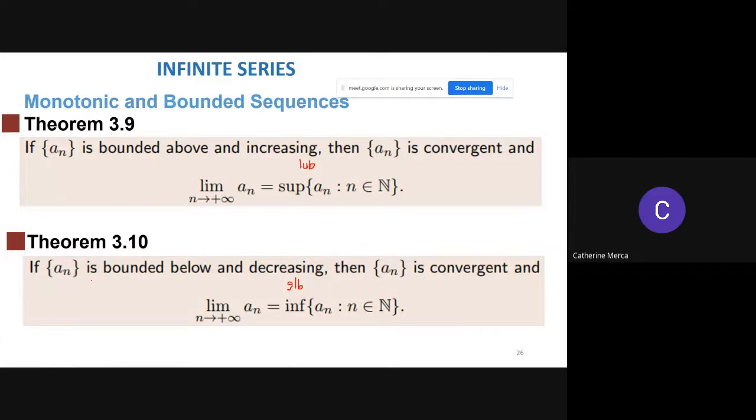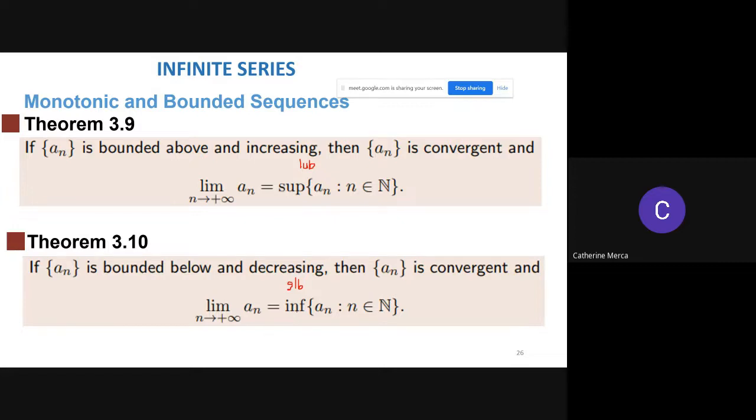So, theorem 3.9. If A sub n is bounded above and increasing, then A sub n is convergent. So, ang supremum, ano uli? It's your least upper bound. Tandaan ninyo lang na U. So, para dili mo malibog pag memorize, ang supremum is actually your least upper bound.